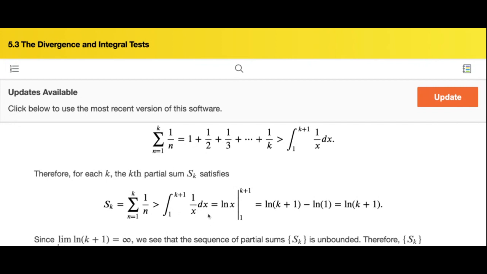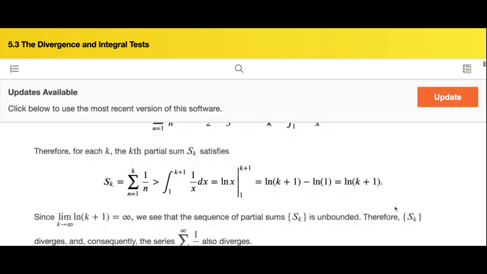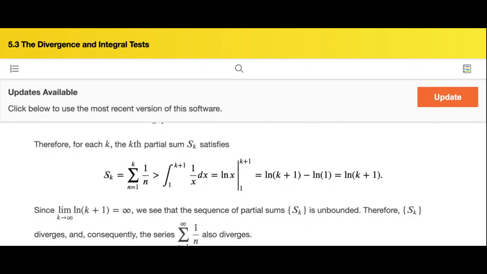This integral we can anti-differentiate, so we get ln x, then evaluate from 1 to k plus 1. So we get ln of k plus 1 minus ln 1. What's ln 1? 0. So that's just ln of k plus 1. So the partial sum of k terms is greater than ln of k plus 1.